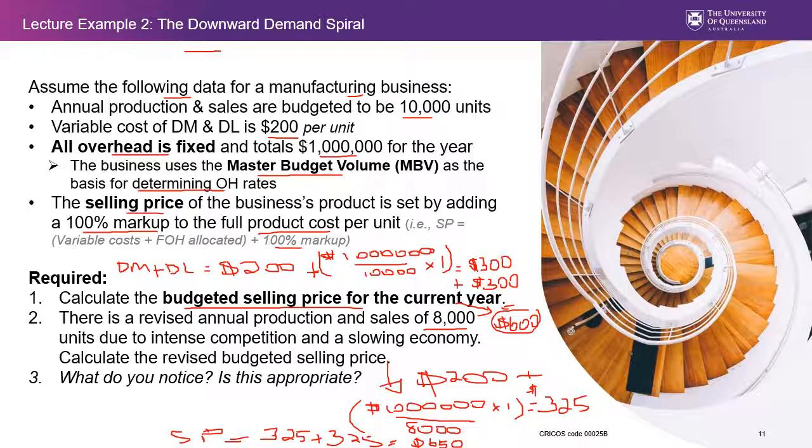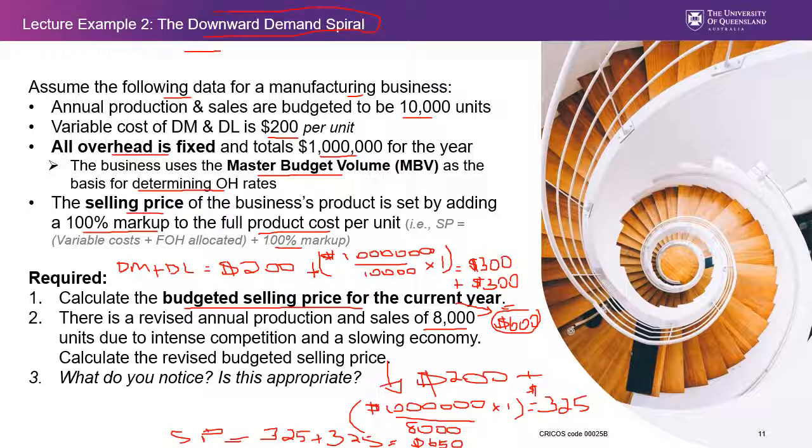So we'll probably sell less, which will mean that next period that denominator will go down further, increasing our sales price further. So this is what we call the downward demand spiral.